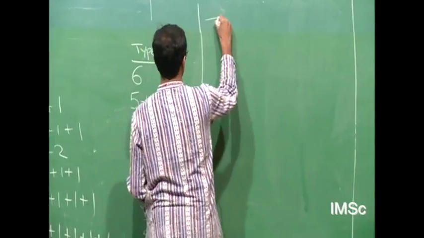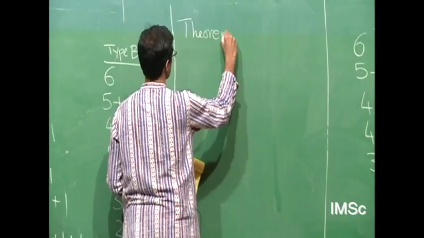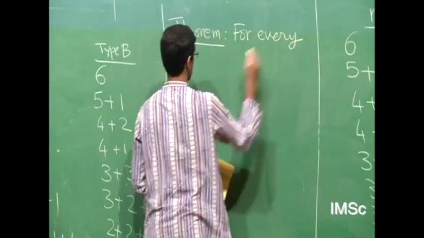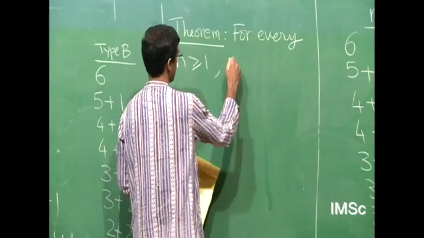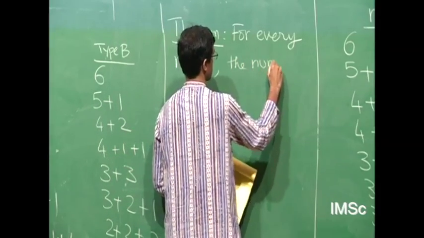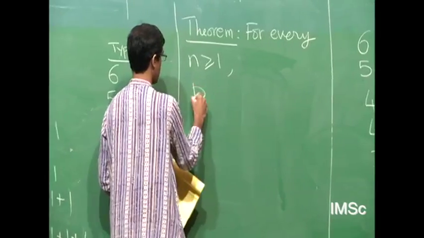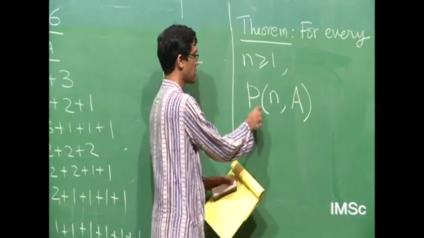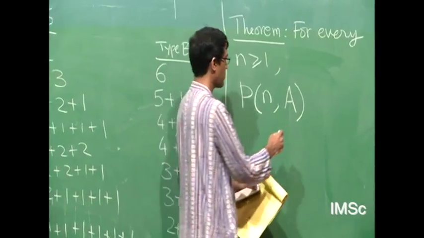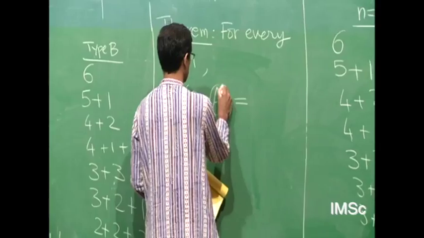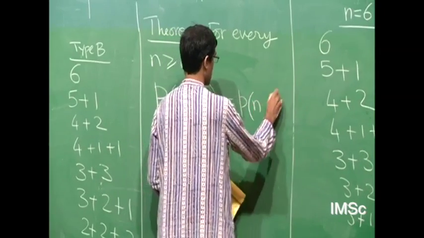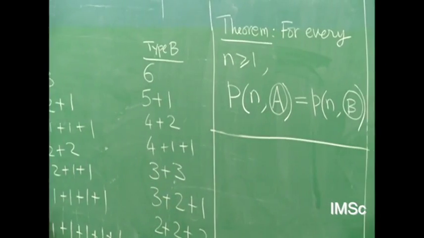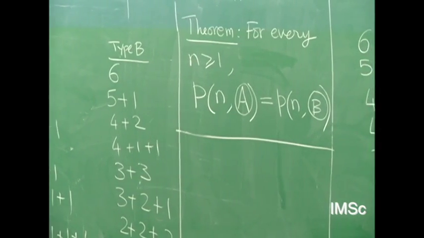So here's a statement, so we'll call it theorem if you wish. For every n, not just for n equal to 6, every natural number n, let's be lazy and say the number of partitions of n of type A, with the additional property that it satisfies type A, equals the number of partitions of n which satisfy type B. Okay, for n equal to 6, of course, both are 7.